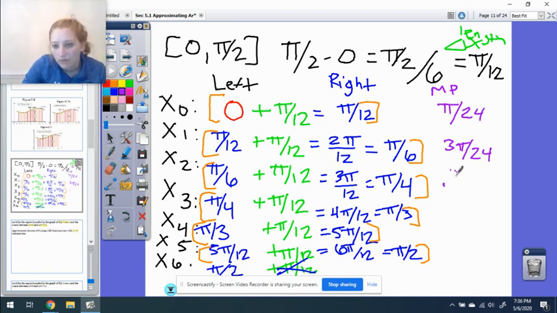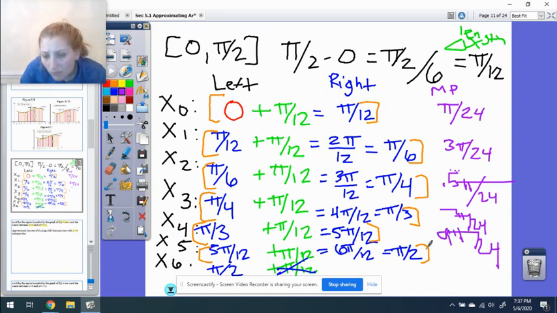The pen's not working. I'll try on the next side. Okay, so 5 pi over 24, 7 pi over 24, 9 pi over 24. Okay. So let's see if the pen comes back on the next slide, and if not, I will restart this.